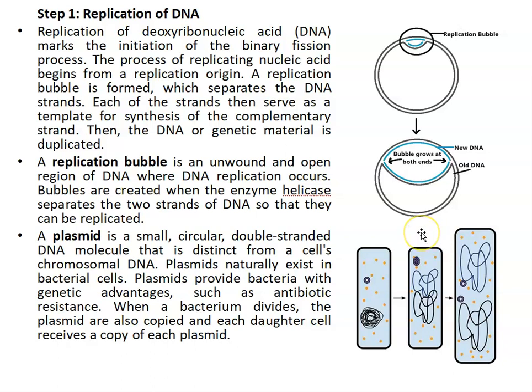So plasmid, we know, is a small circular double-stranded DNA molecule that is distinct from the cell's chromosomal DNA. As we know, plasmids naturally exist in bacterial cells. Plasmids provide bacteria with genetic advantages such as antibiotic resistance. When a bacterium divides, plasmids also divide and each daughter cell receives a copy of each plasmid.